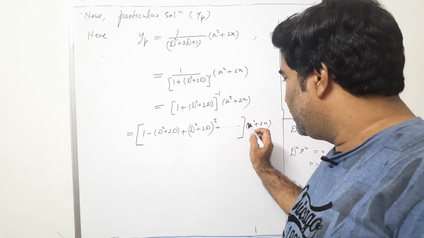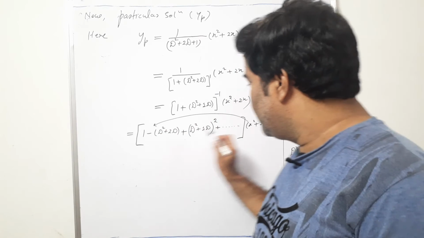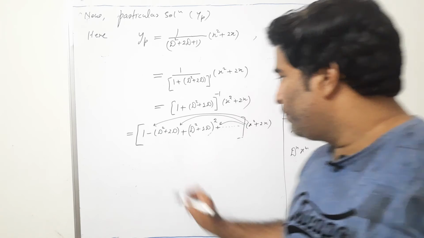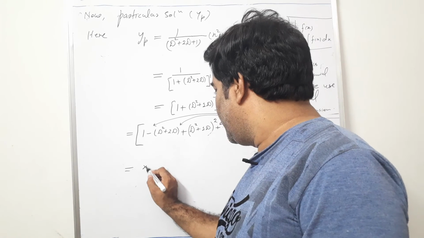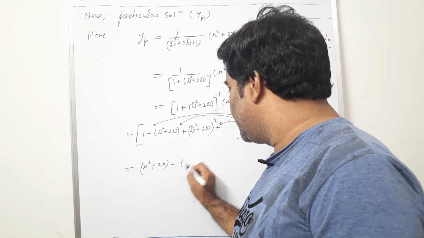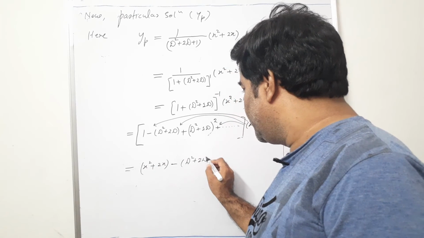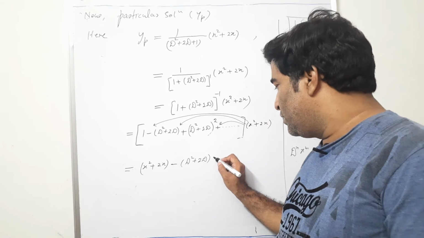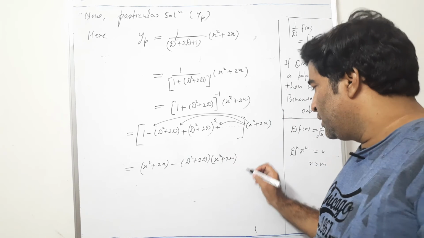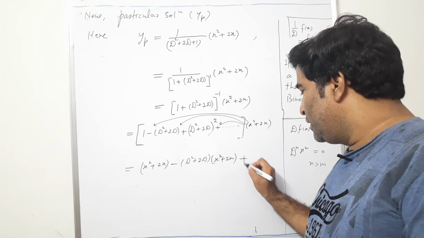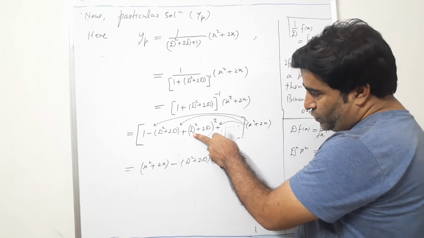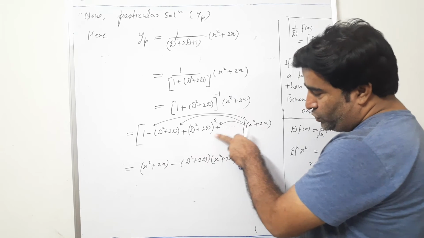We multiply simply, so this will be 1 minus (D square plus 2D) operating on x square plus 2x. And from here we take just the terms of power at most 2.